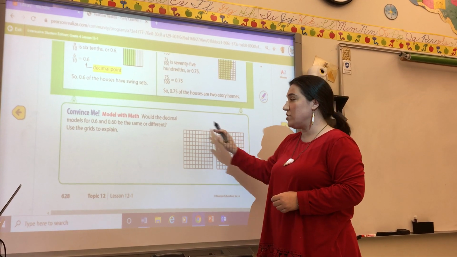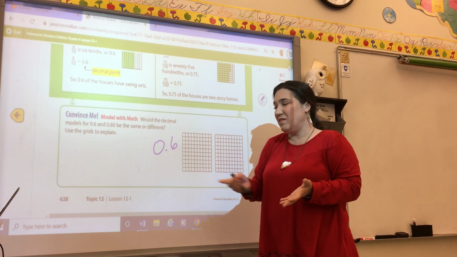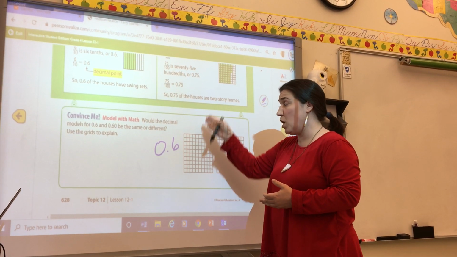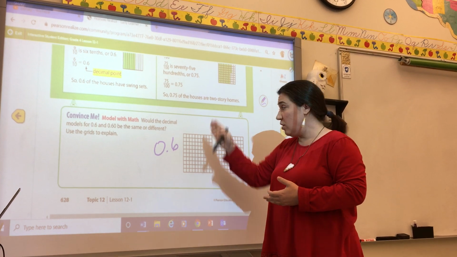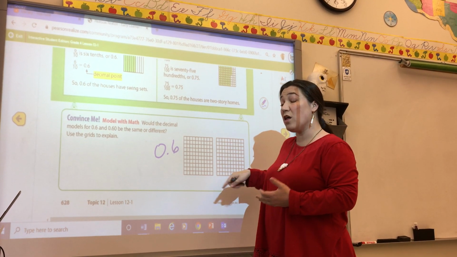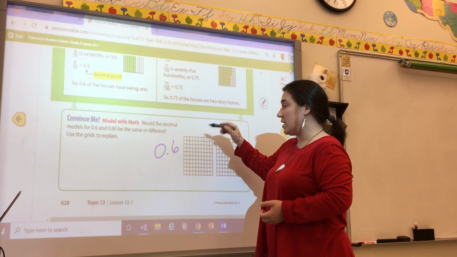So on this grid I have to show 6/10. Well, this is 100 little blocks. If I want to show tenths, I have to use rows. Each row has 10 in it, but there are 10 columns or 10 rows altogether. So I think I'll use the columns.